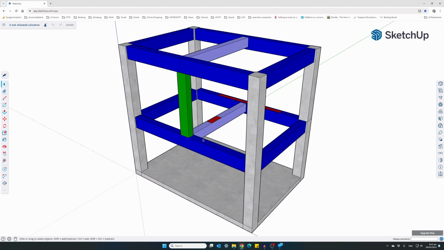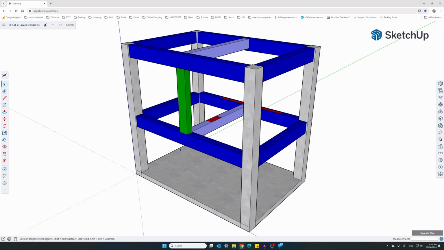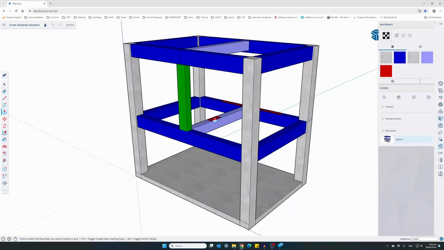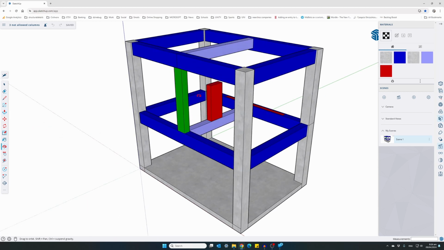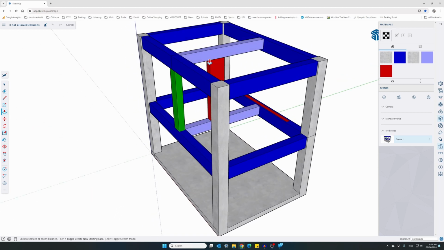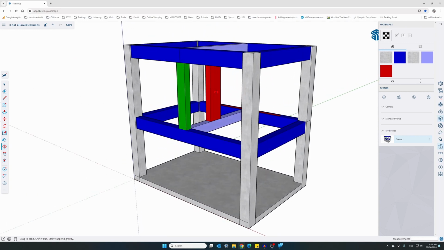Secondary beams, which I've marked with a lighter blue color, are beams that have either one or both of their sides supported onto other beams rather than on columns. Discontinued columns on secondary beams are not allowed, thus the red color. So discontinued columns are only allowed on primary beams.